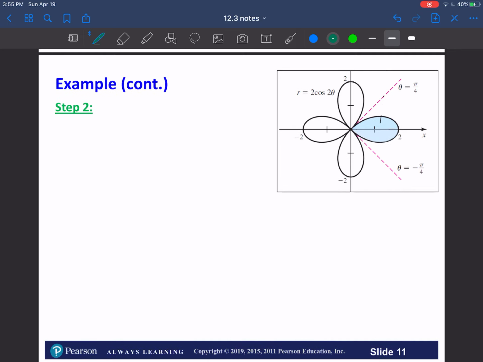We want to use two consecutive angles where r equals 0 for our integral bounds.